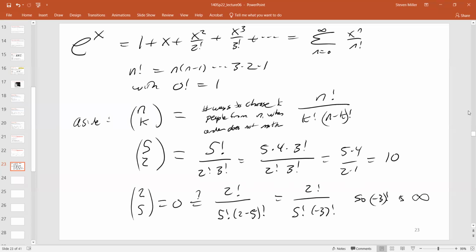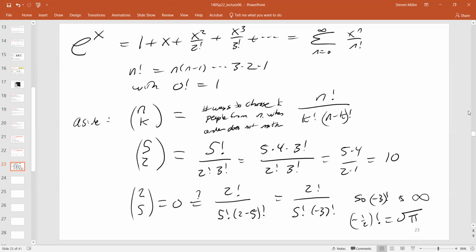For negative integers, there's no combinatorial interpretation. It's a generalization of the function, and it has a nice interpretation when the input is a positive integer or 0, but you no longer have that interpretation for something like negative 3. But there's a way to define it. There's actually a way to generalize the factorial to any number. My favorite is that negative 1/2 factorial is the square root of pi.